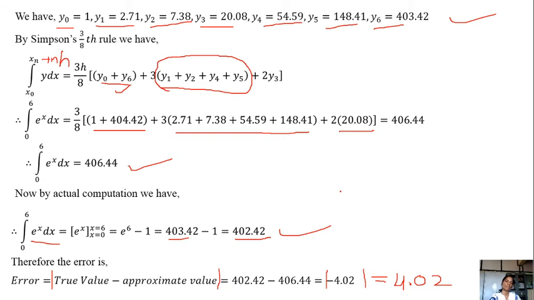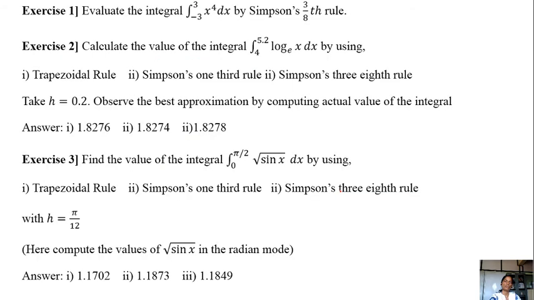So these examples are very easy, so you can solve them on your own. These are the exercises I have provided for you. The very first is to evaluate the integration from minus 3 to 3 of x raised to 4 dx by Simpson's 3/8 rule.